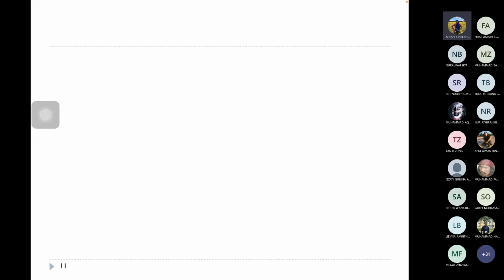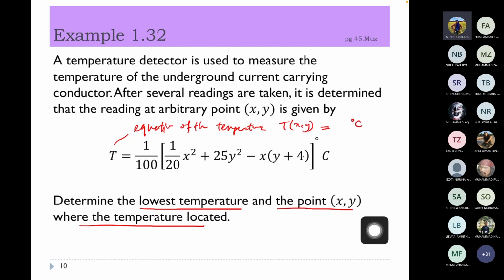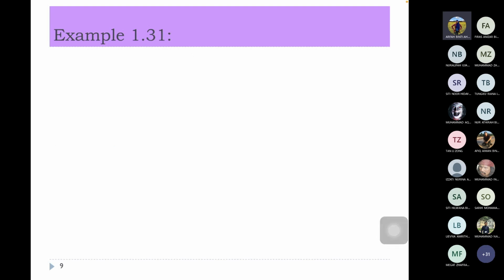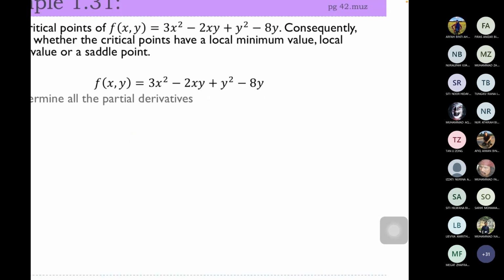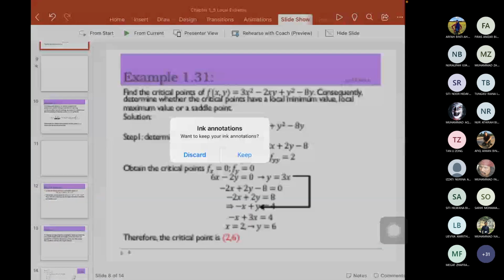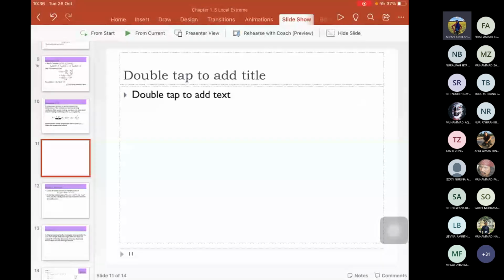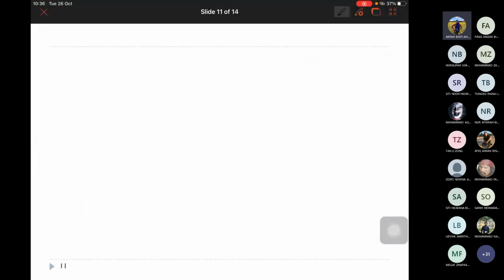So from here, macam mana kita nak selesaikan? Maksudnya kita akan gunakan the second order derivative theorem. So from the equation given, kita ada T(x,y) sama dengan 1/100 darab 1/20 x squared tambah 25 y squared tolak x y tambah 4.